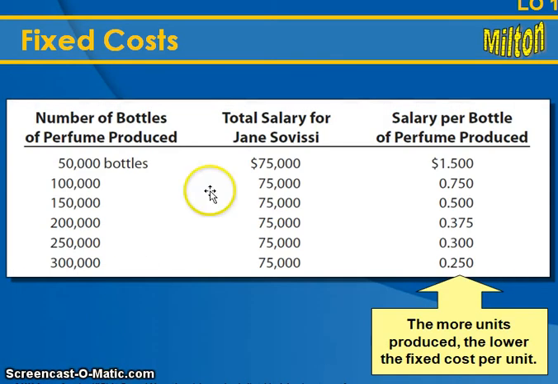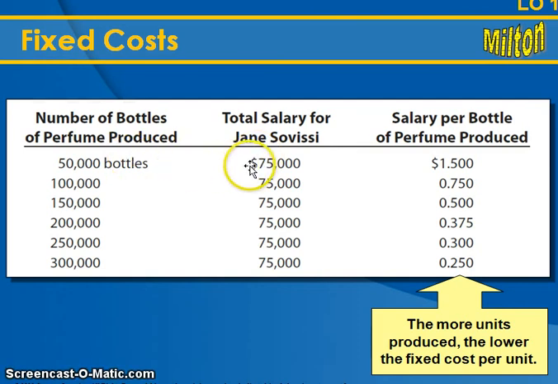Here's the chart for this. No matter what, she's making her $75,000 a year. But let's say the factory produces 50,000 bottles of perfume. Well, at 50,000 bottles of perfume and $75,000, you're going to say each bottle of perfume basically had $1.50 worth of fixed cost in it that is related to the supervisor's salary. All right, that's 75,000 divided by 50,000 bottles.